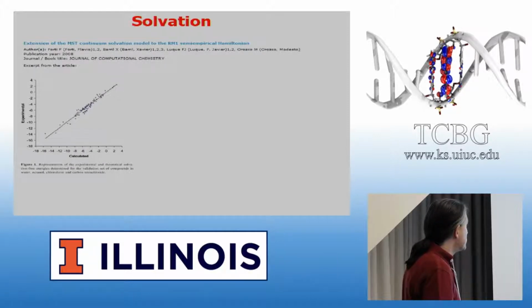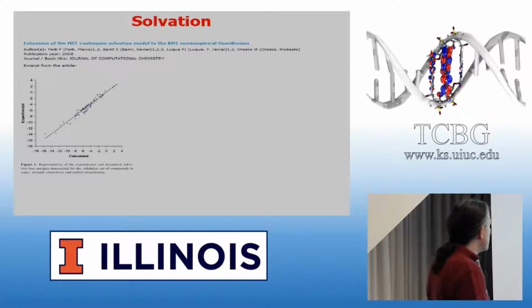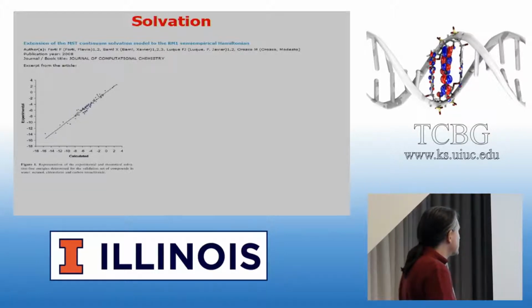For solvation, there is an extension of the MST continuous solvation model to the RM1 semi-empirical Hamiltonian. You can find those results in this paper.